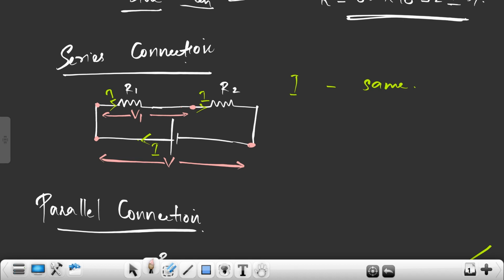And to find out the potential difference across R2, I want to find out it between these two ends. Let it be V2 volt. So from the figure itself, we can say that the potential difference across R1 and R2 is different. So note this point, when two resistors are connected in series, the potential differences across the two resistors are different.